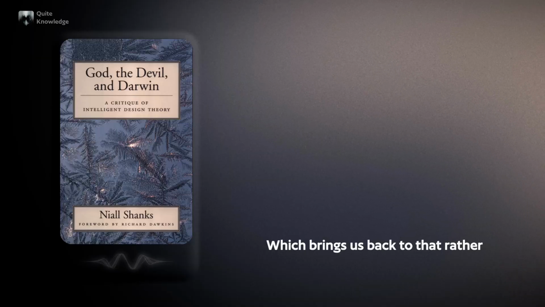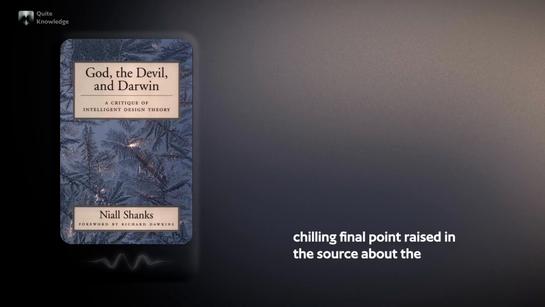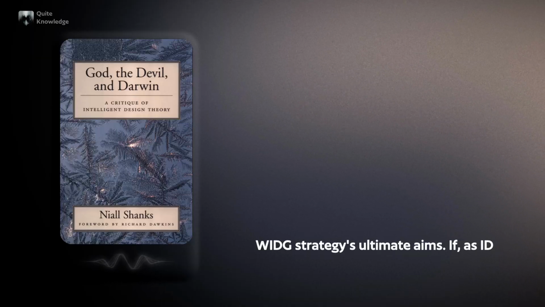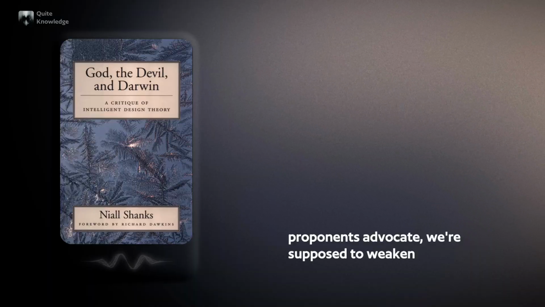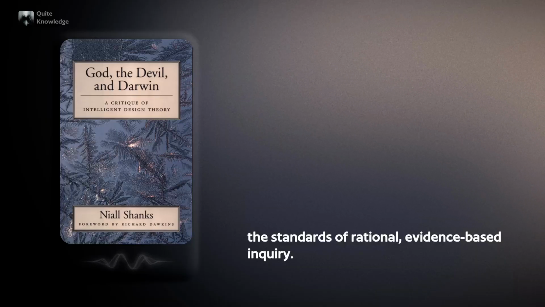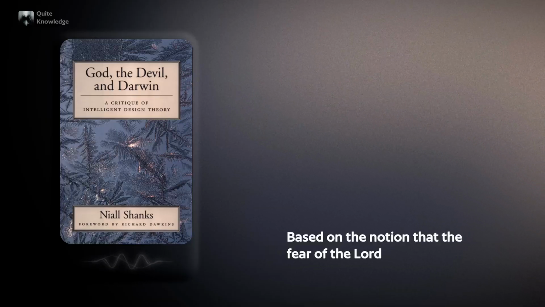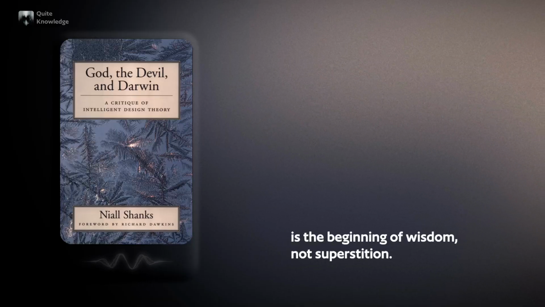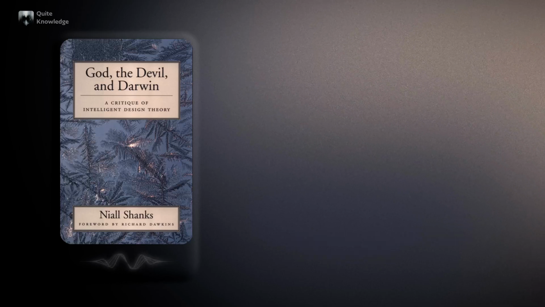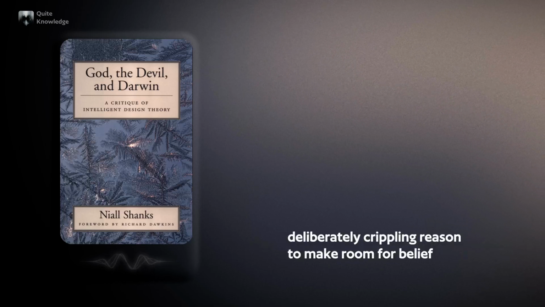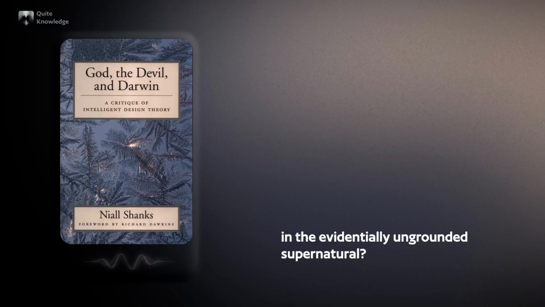Which brings us back to that rather chilling final point raised in the source about the wedge strategy's ultimate aims. If, as ID proponents advocate, we're supposed to weaken the standards of rational, evidence-based inquiry, based on the notion that the fear of the Lord is the beginning of wisdom, not superstition, what are the potential consequences of deliberately crippling reason to make room for belief in the evidentially ungrounded supernatural?